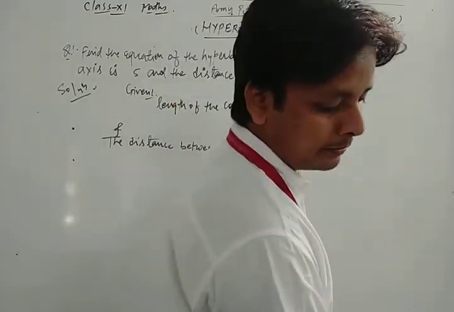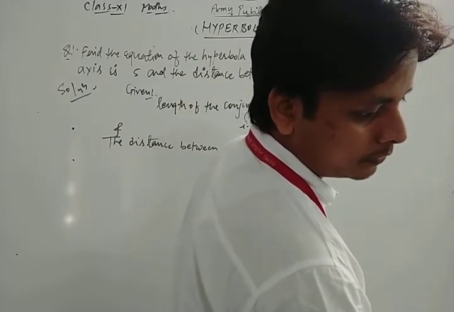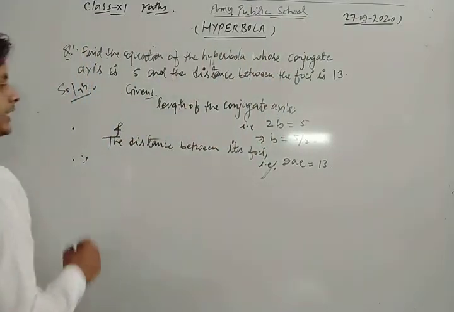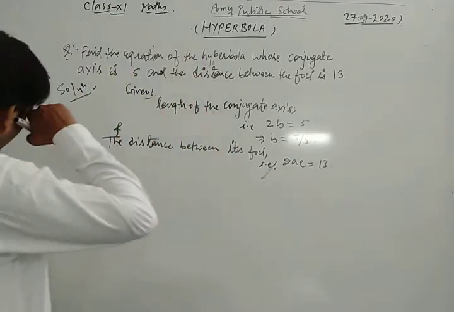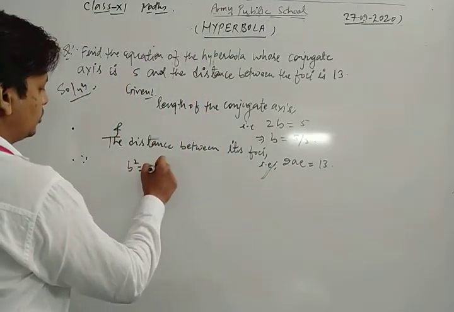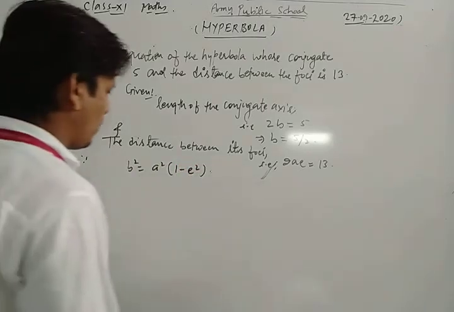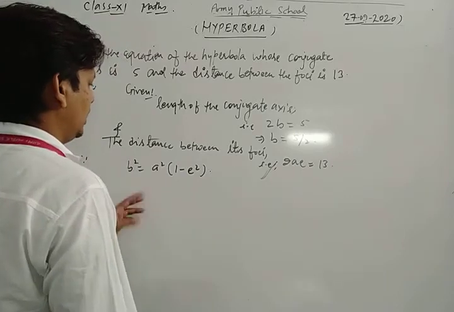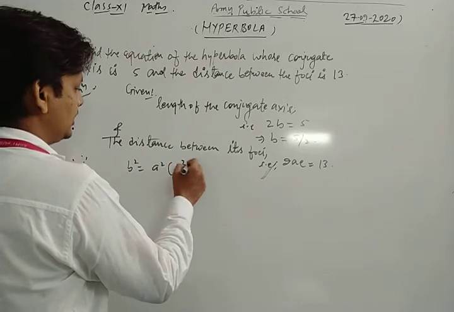Now after solving them, dear students, look, since we know the relation between a, b and e, what is the relation? Since we know that b square is equal to a square in bracket 1 minus e square, here we can write e square minus 1 in the case of hyperbola. This is e square minus 1.